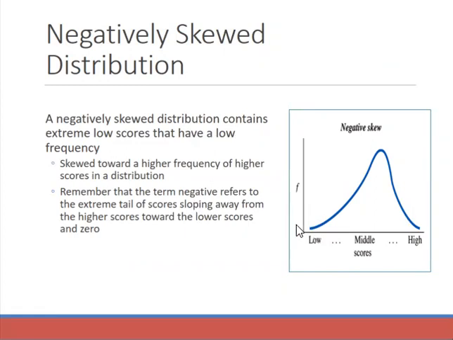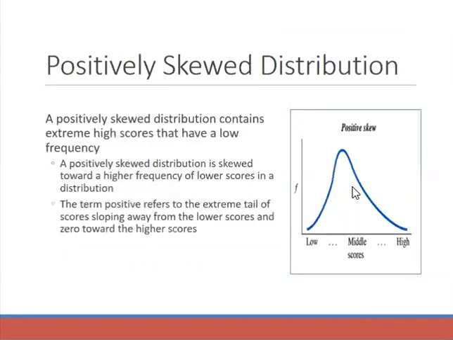The terminology is kind of confusing. With a negative skew, the tail is closer to 0, and most scores are actually on the higher end. So you'll notice that this is not symmetrical, and we've got more scores on the high end. Negative means the tail is closer to 0 or the negative numbers.